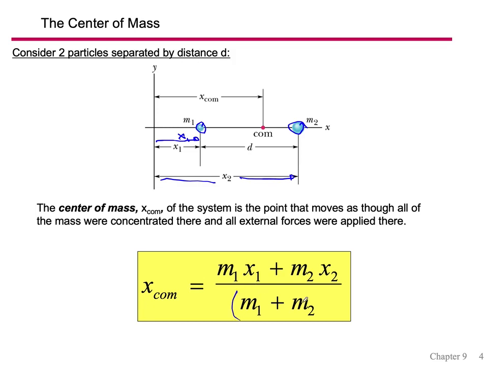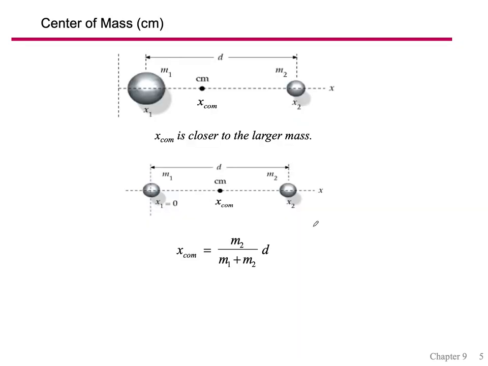Divide that by the total amount of mass, and it'll tell you the distance from your starting point to the center of mass. So in this case, the center of mass of the system would be this distance, which you calculated from this fraction, and that's it.